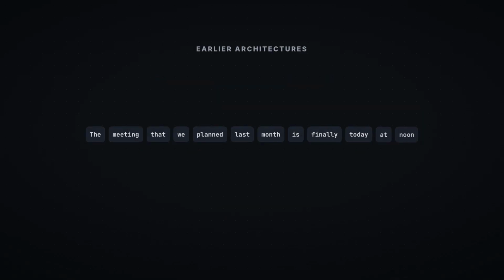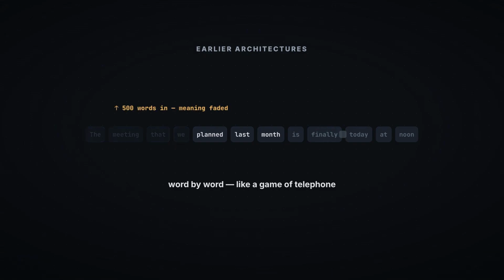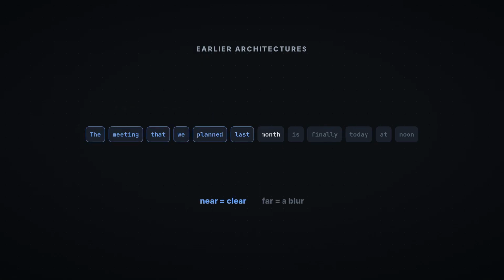Now, earlier architectures, things like RNNs and LSTMs, did use context. They weren't blind, but they struggled with long-range context. They'd pass information, word by word, like a game of telephone, and by the time you were 500 words in, the meaning from the beginning had faded. They could see nearby words clearly, but the distant ones were a blur.